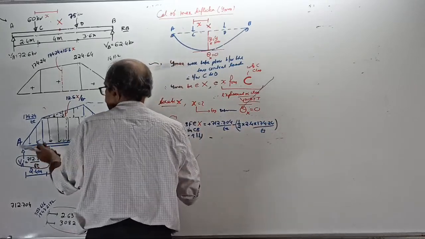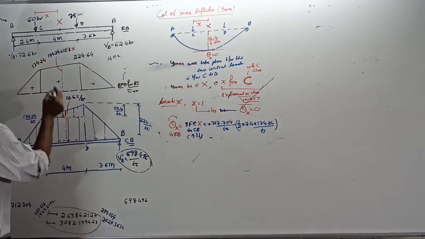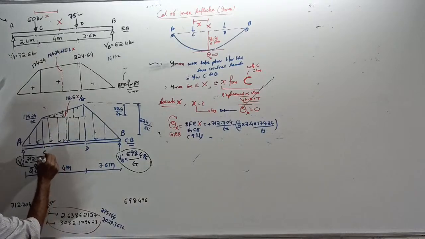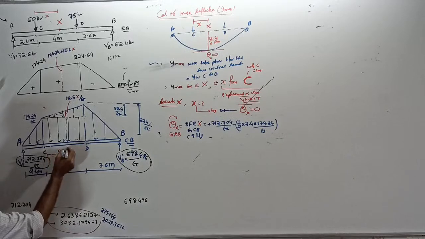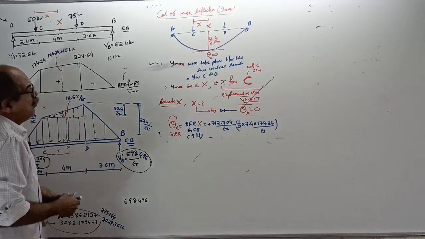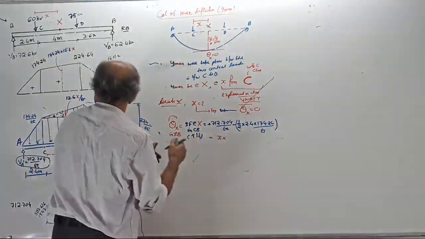Again minus this rectangle. How much? This rectangle, remember, has width x. Without disturbing, mark x here with the light line. This is the point x. Minus x into what?